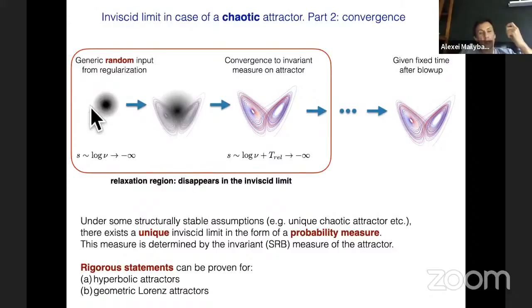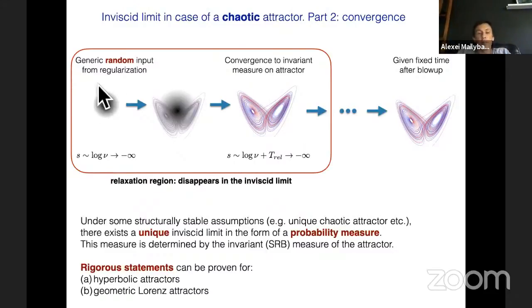this is schematic. The first gray spot is a distribution. Imagine that this is a distribution given by your regularization. The regularization is random, so it gives you some spot in your space which corresponds to the possible solutions on this sphere. But then as you evolve the system, these spots start to go to the attractor, and at large times it completely converges to the attractor.